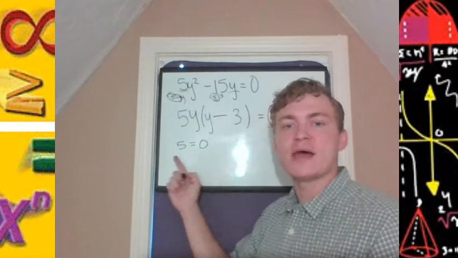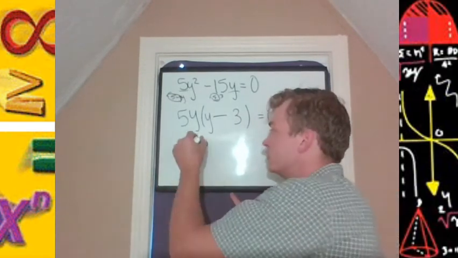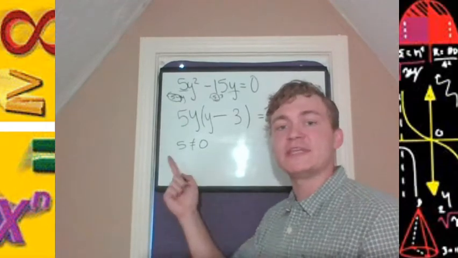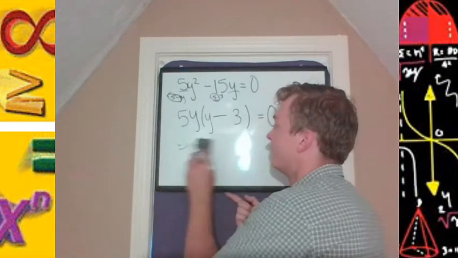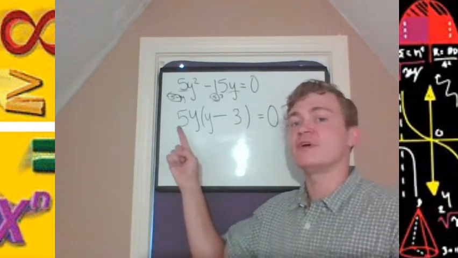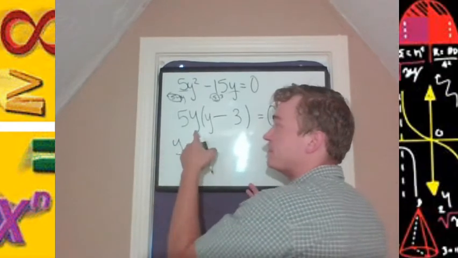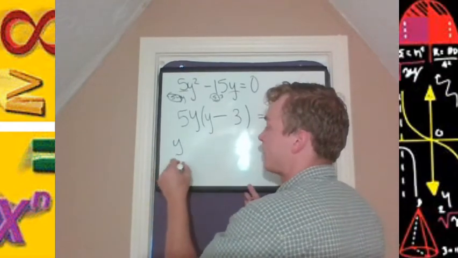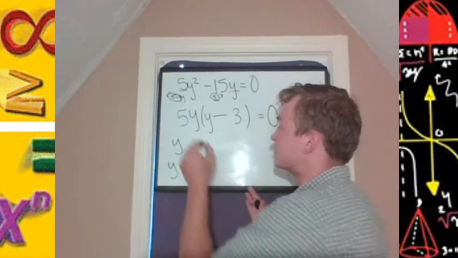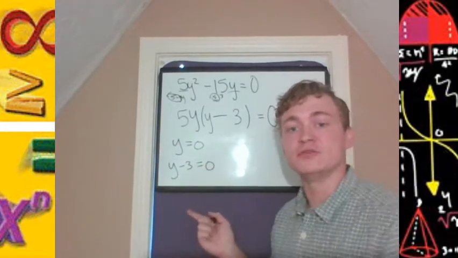This is simply a mathematical statement that is not true. 5 does not equal 0, so setting 5 equal to 0 doesn't help. So we're going to set the variable factors equal to 0. Setting the factor of y and the factor of y minus 3 equal to 0, we can obtain solutions.